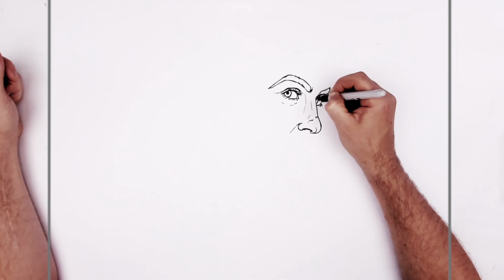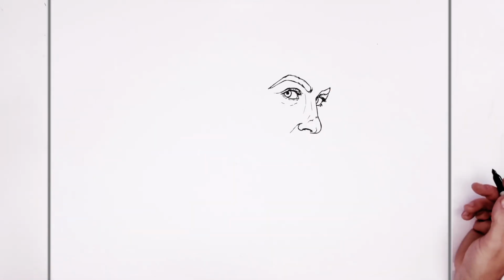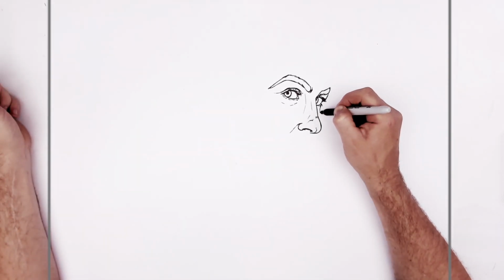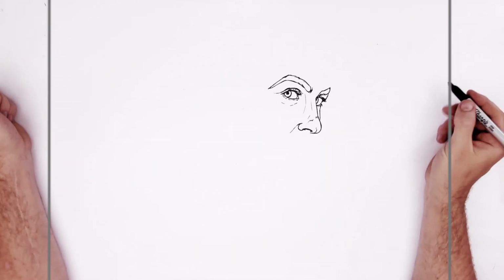You might be able to see the pupil a little bit just there. And you can see a little bit of his cheek just going down behind the nose, like that.